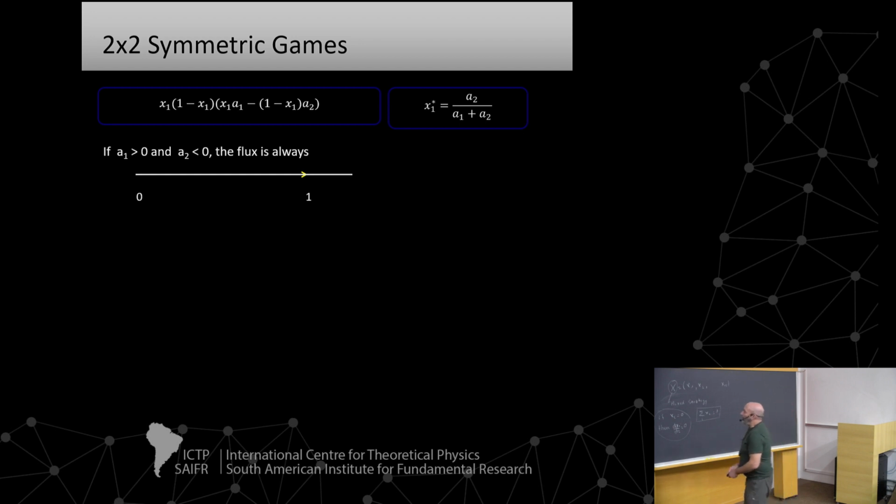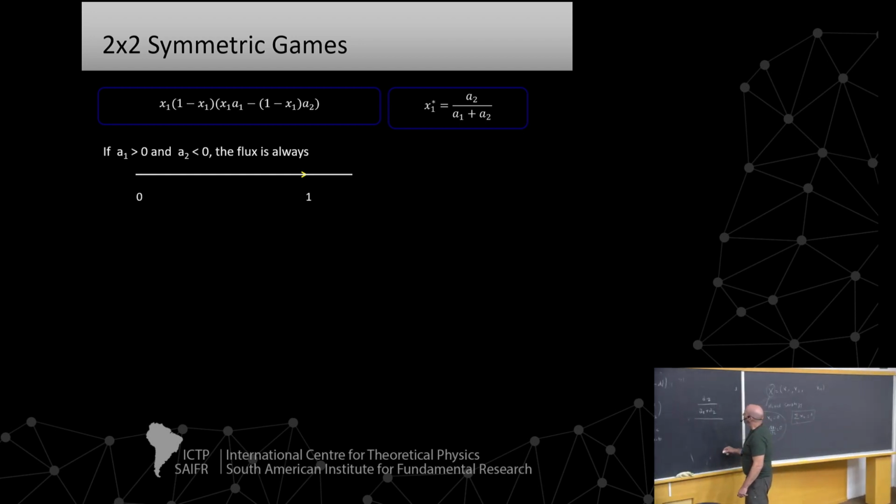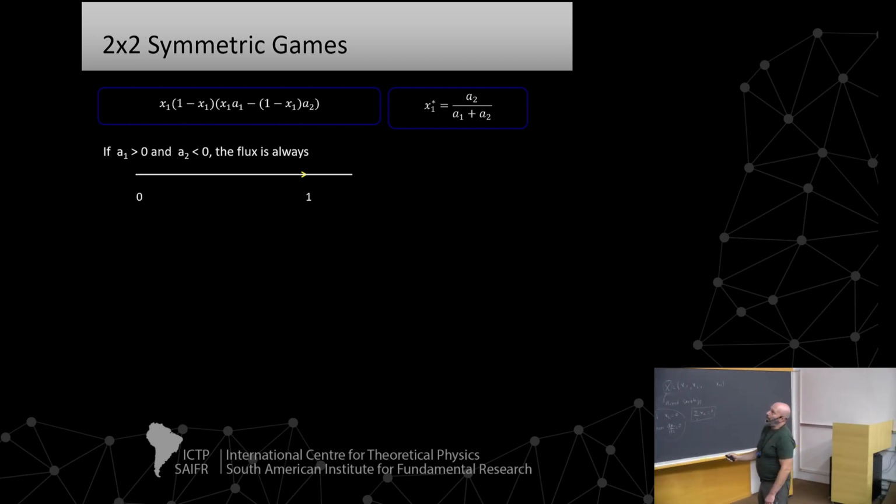So what I'm saying is that this will not be here in the middle between 0 and 1. Depending on the value of A1 and A2, this can be positive or negative, but it will be here or will be here. Okay, but will never be here in the middle between 0 and 1.